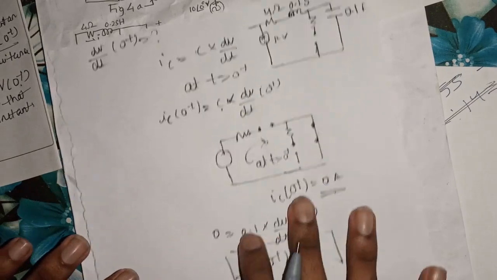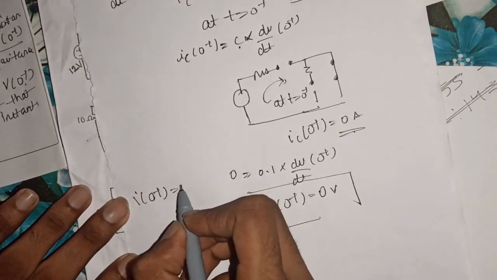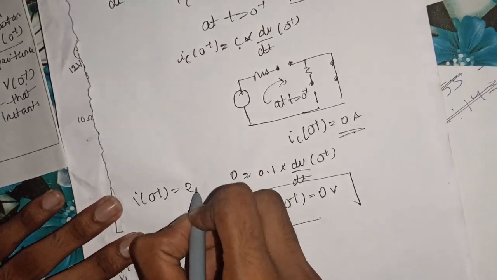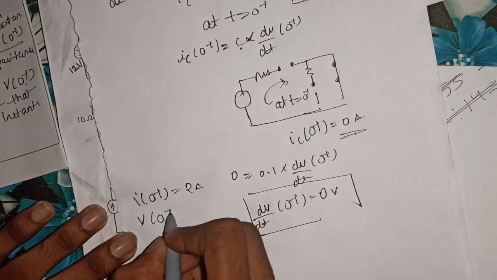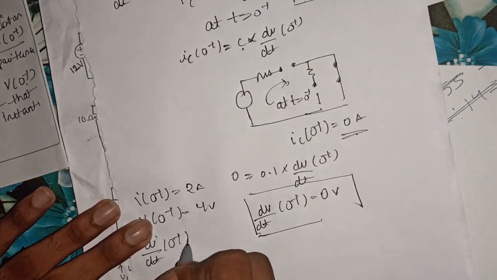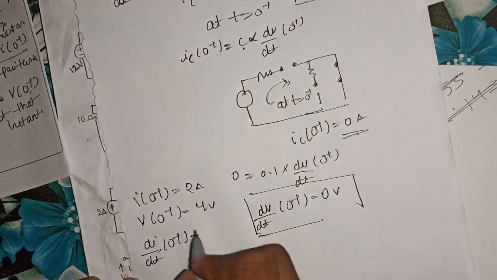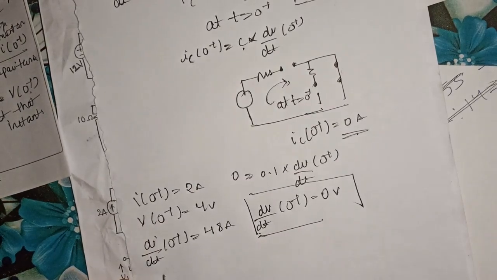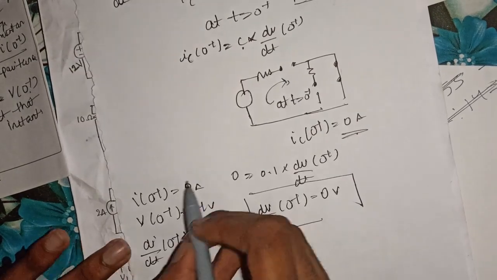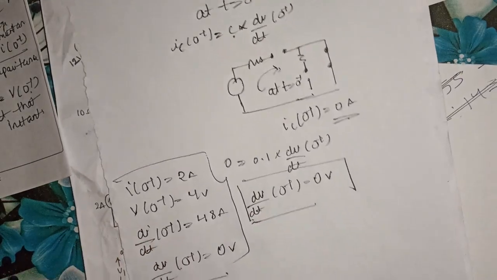So yes, we have calculated the value of current I at 0 plus as 2 ampere, and the voltage at 0 plus as 4 volts. Similarly, di by dt at 0 plus as 48 amperes per second and dV by dt at 0 plus as 0 volts. So hence we have met all requirements of the problem statement. This is how the problem is solved.